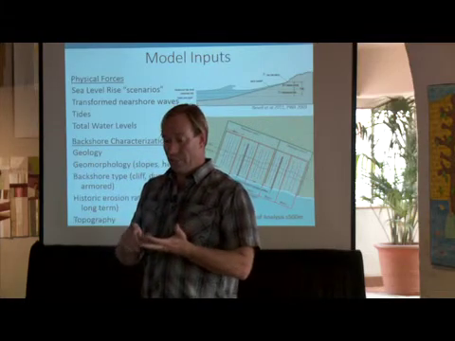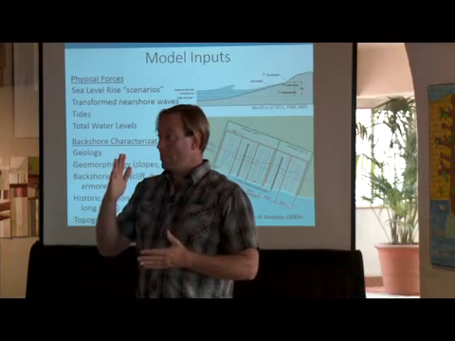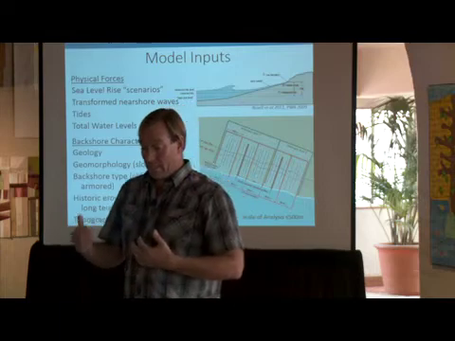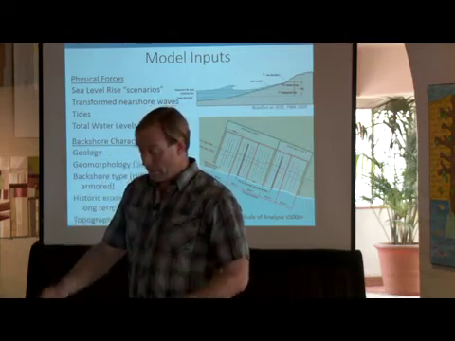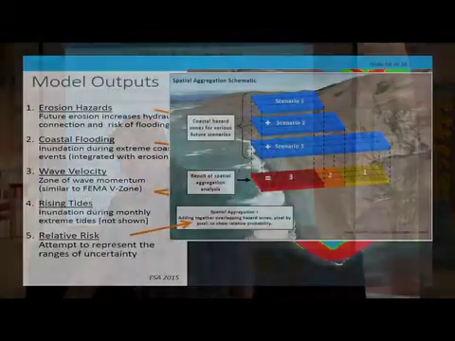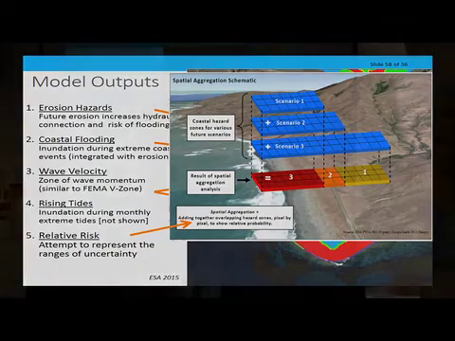What's the geology? Is it a cliff? Is it a dune? How steep is the beach slope? How high is the cliff? Is it armored? Is it not? What's the historic trends of erosion and sediment supply? And made calculations basically every 500 meters along shore, and generated a series of model outputs.